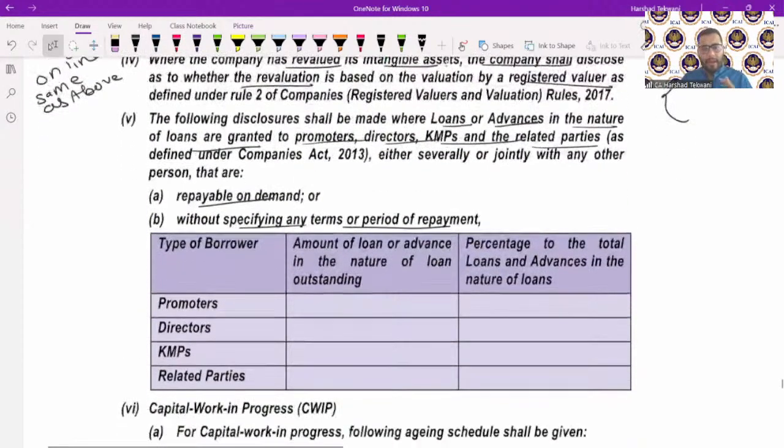So what we are required to provide is loans or advances in the nature of loans granted to promoters, directors, KMPs and other related parties.